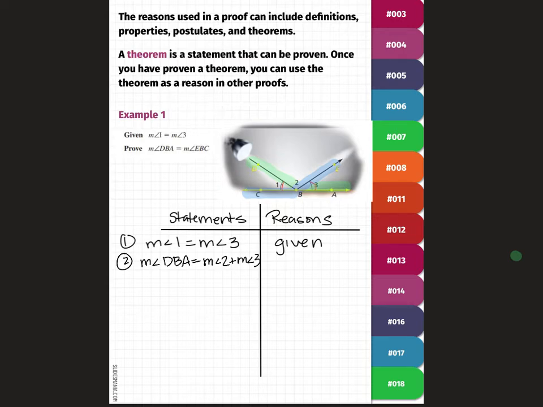And that is because of angle addition postulate. And I'm also going to say that the measure of angle EBC is equal to, and EBC is the blue one, the measure of angle 1 plus the measure of angle 2. And that is also because of angle addition postulate.